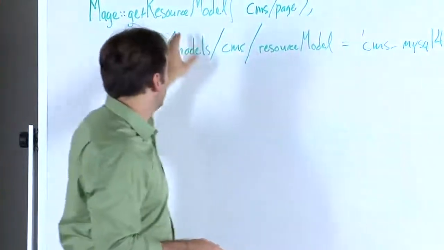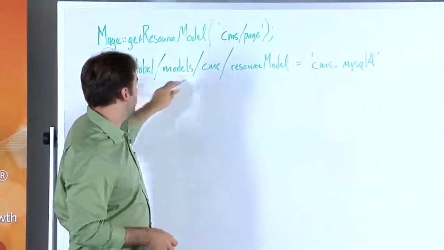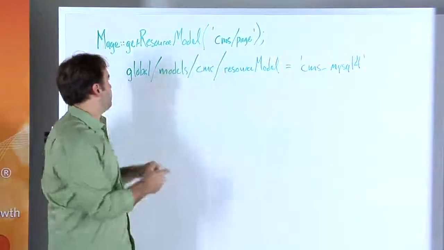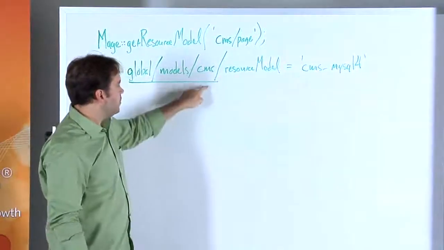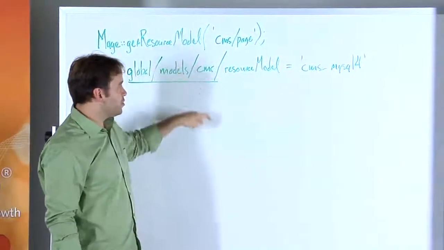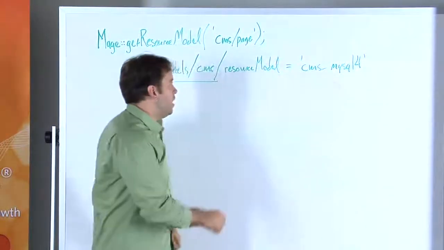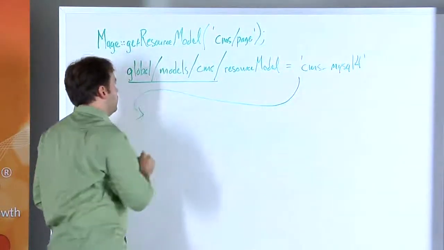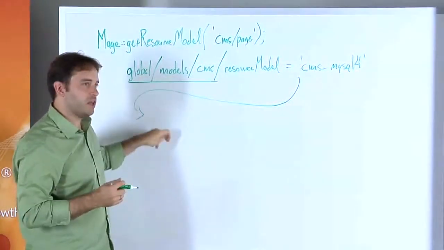Because what happens with get resource model is, first we look here, global, because we have to take CMS. The config object takes CMS and matches it up to here. But then because we're looking for a resource model, we look in the resource model node, get this string value, and then internally pass that back into another function that we use for models to get the model group class name.